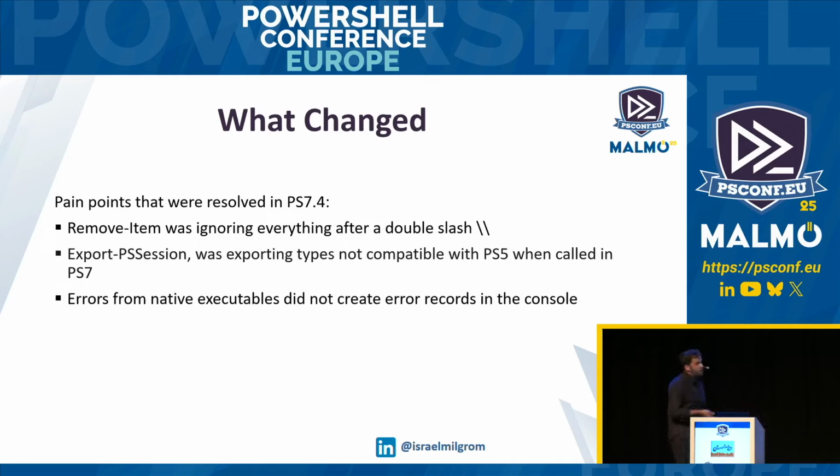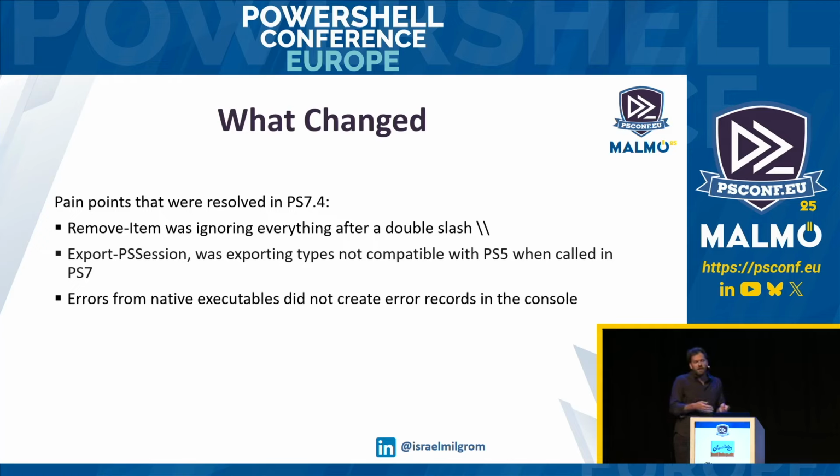There are three things that illustrate this point that are no longer an issue in 7.4, but I think it's a good example. The first one is Remove-Item had a bug in it: if you gave it a path with a double slash in the path, it would basically just ignore everything after the double slash. You can see how that could be detrimental. Then there is Export-PSSession.